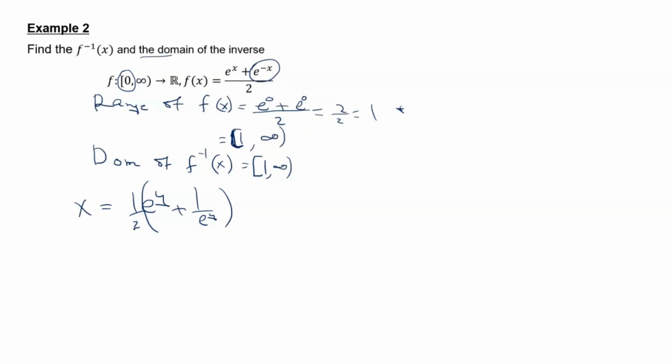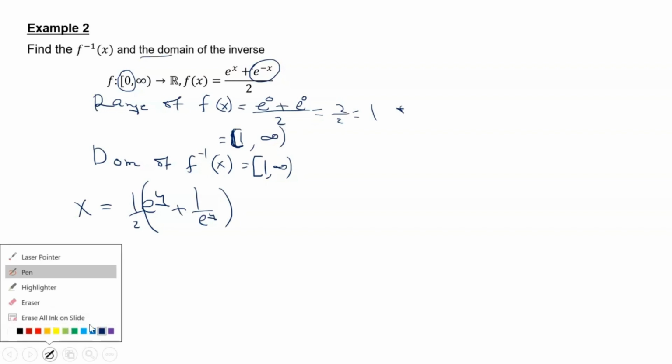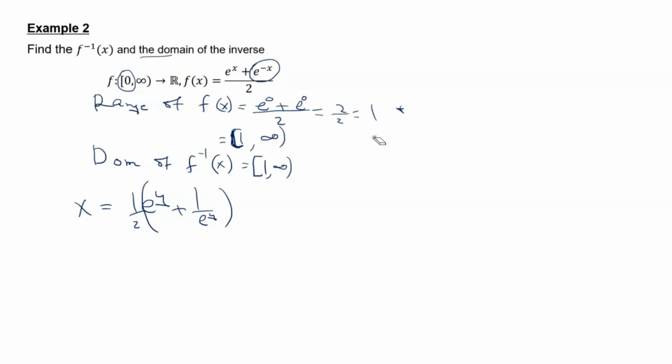Get rid of this 2, so that's going to be 2x equals e to the power of y plus 1 over e to the power of y. So I'm going to say let e to the power of y equal a.